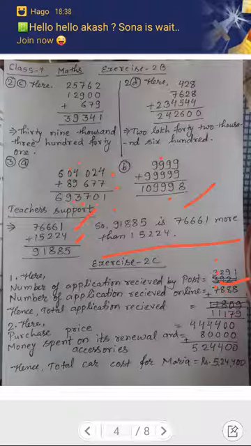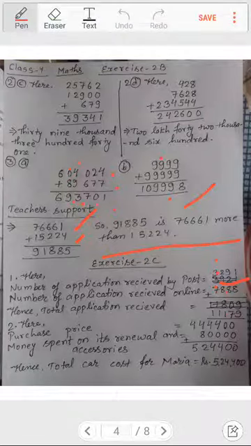So in the solution I wrote: purchase price is equal to 4,44,400, and money spent on renewal and accessories is 80,000. When both are added, it becomes 5,24,400. Hence the total car cost for Maria is 5,24,400.